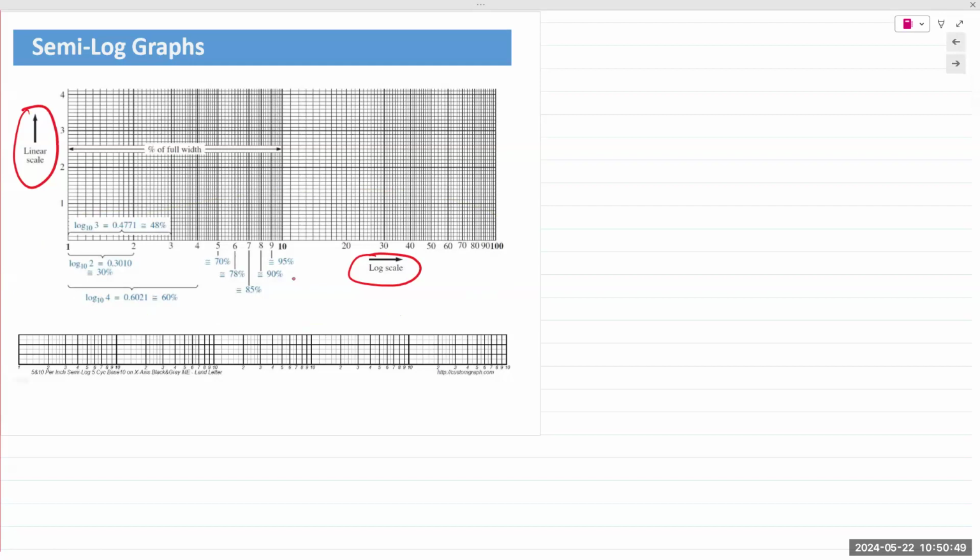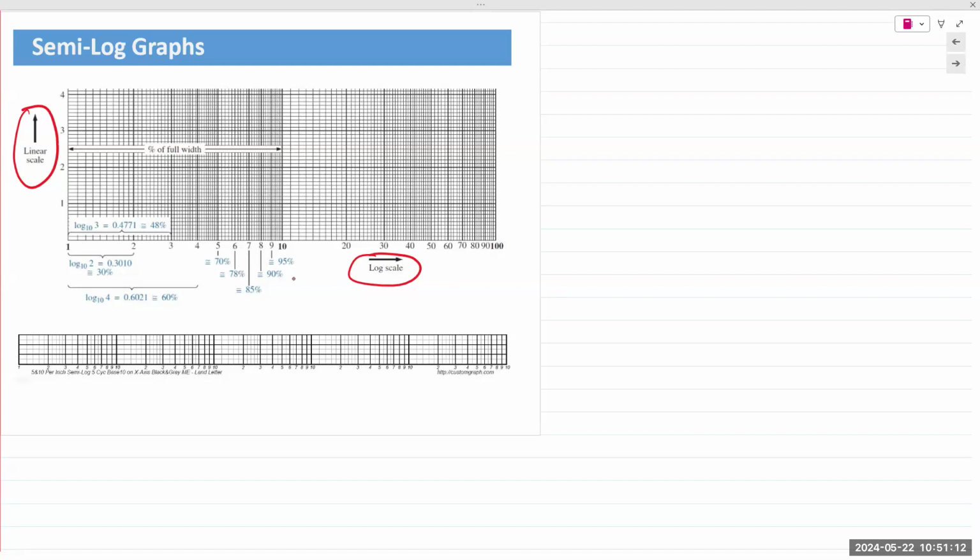Linear scale, every division is summed up. It's an addition. You start with 0, plus 1, plus 1, plus 1, plus 1. So you got 0, 1, 2, 3, 4, 5, 6, so on and so forth. On a log scale, you multiply. The multiplier is a decade. 10 raised to 0, 10 raised to 1, 10 raised to 2, 10 raised to 3. Hence the log, right?